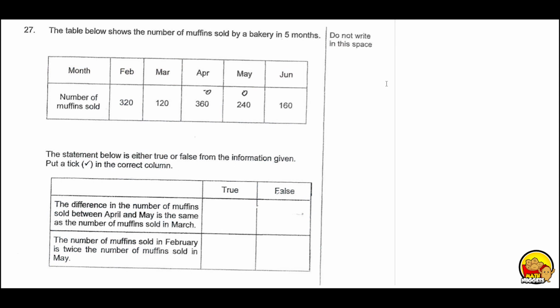Question 27 is a table of information. So let's look at the first statement. It says that the difference in the number of muffins sold between April and May is the same as the number of muffins sold in March.